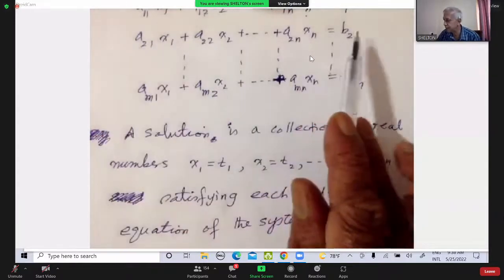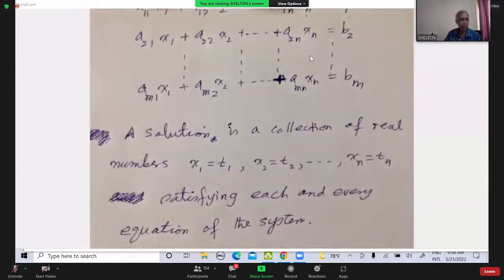The same for the second one, it will give you b2, and all of the equations must be satisfied.